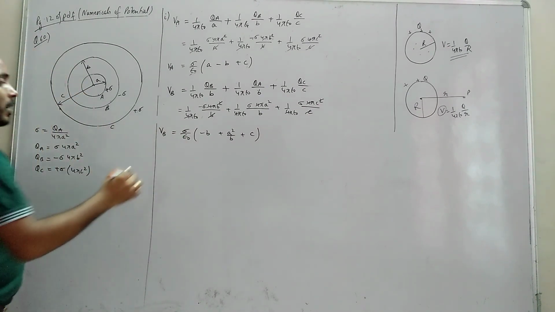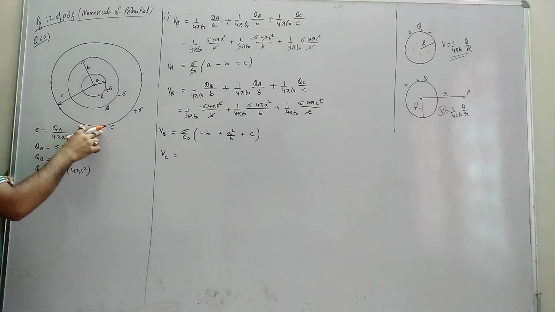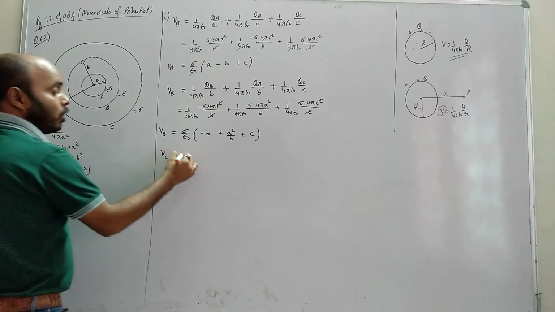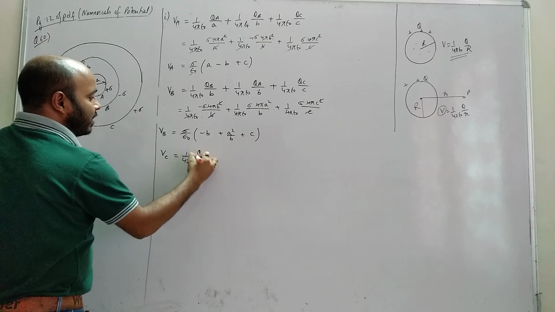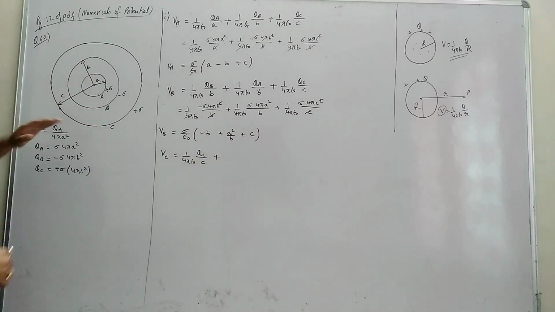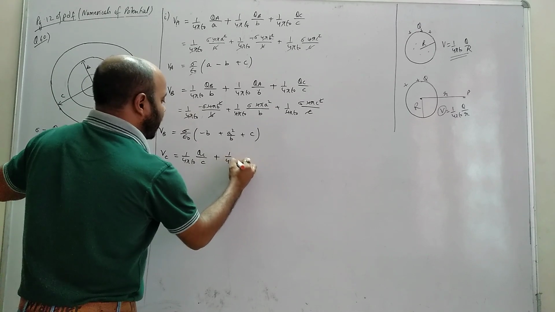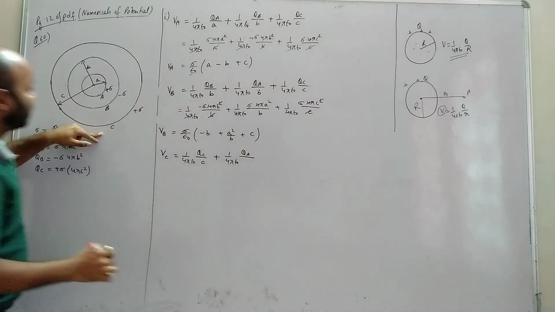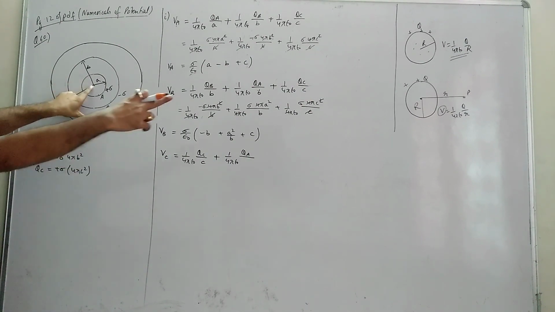Now, similarly, potential at C. C on its own charge QC will have some potential on this surface. So we will use the radius formula. QC by the radius of the shell C, which is small c. Plus, C is outside of A, so due to QA, 1 by 4 pi epsilon QA divided by distance, because that is the second formula we have to use.